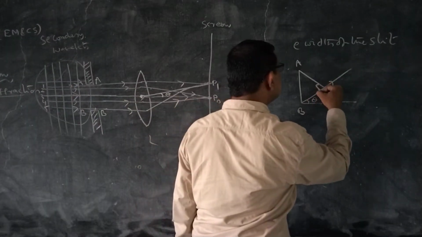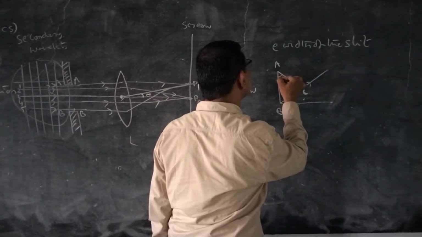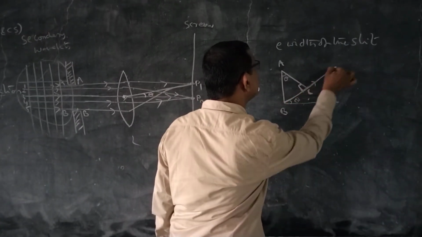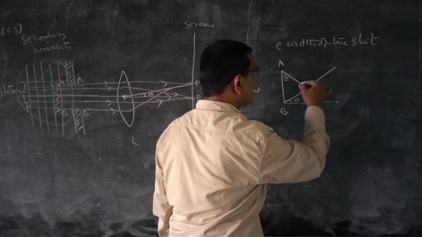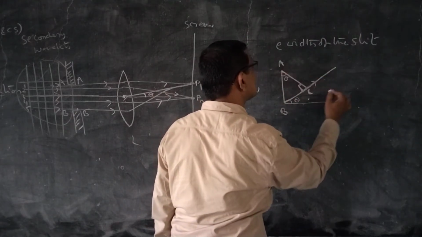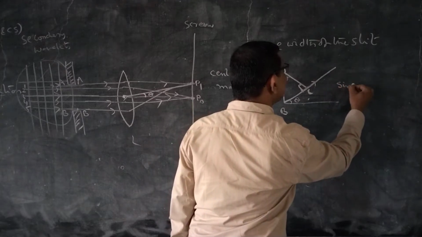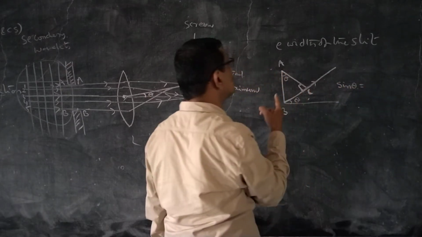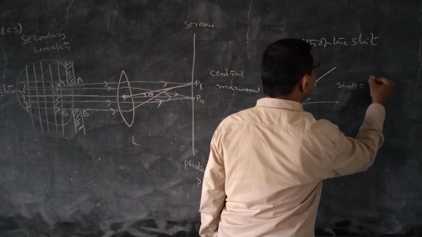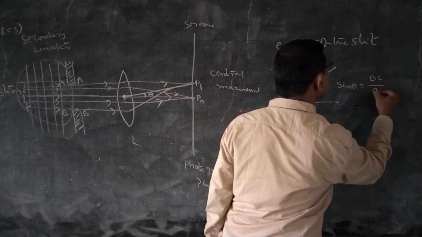Since it is 90 degrees, here it is also theta. These two are perpendicular to one another, and these two are also perpendicular to one another. Then sin theta is equal to the opposite side, that is BC by AB.